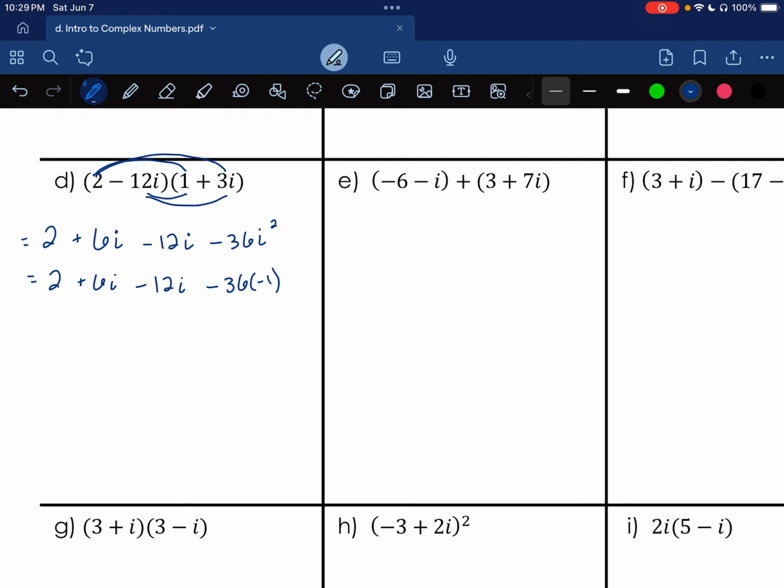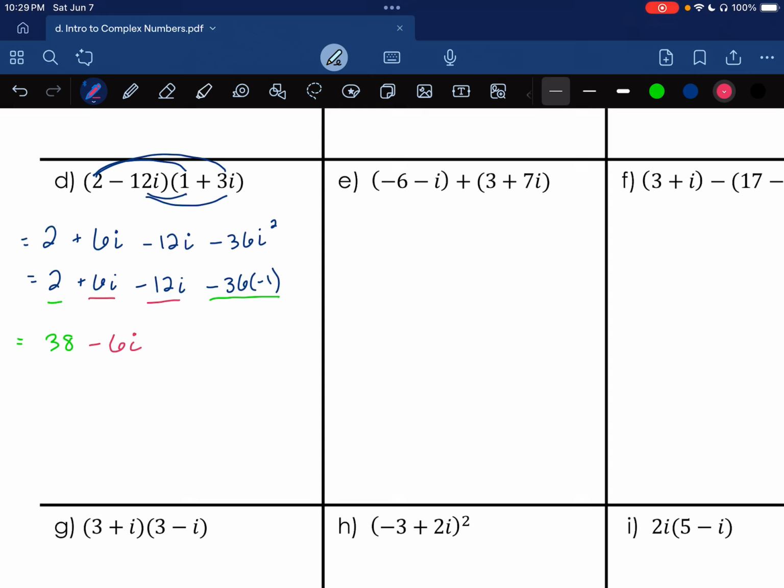This can become plus 36, right? So the real parts will be plus 36 plus 2, so that'll be 38. And then these imaginary parts will have 6i minus 12i. That'll be minus 6i.